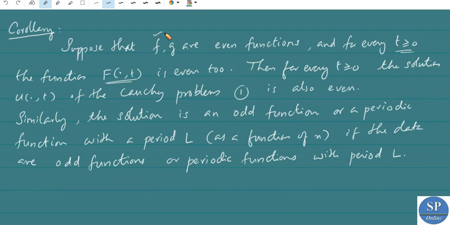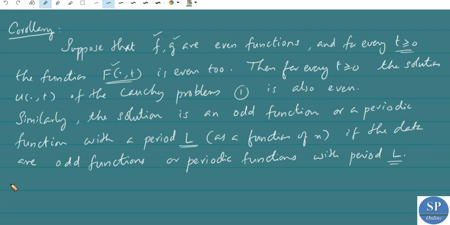That means if f, g and capital F are even functions, then the solution u is also an even function. Similarly, the solution is an odd function or a periodic function with a period L as a function of x if the data are odd functions or periodic functions with the period L. Clear?